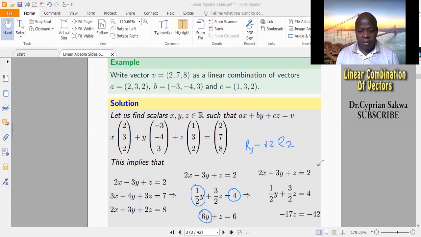So I have this. At this point we solve from the bottom going up. Solving from the bottom going up, the last equation, you can get the value of z by dividing both sides by negative 17.